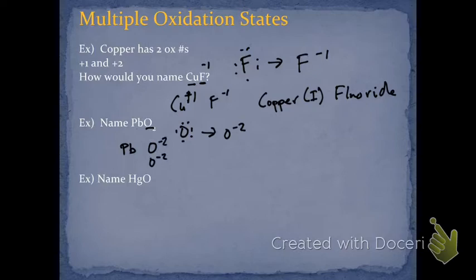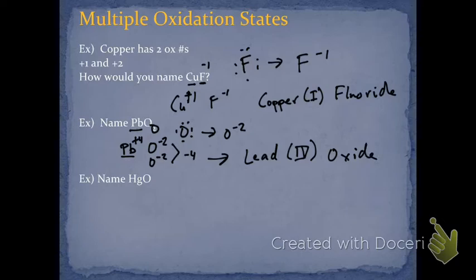For every 1 lead, there's 2 oxygens, so this total side is going to be negative 4. Since I only have 1 lead, it has to be a positive 4, right? And so this is going to be lead 4 oxide.